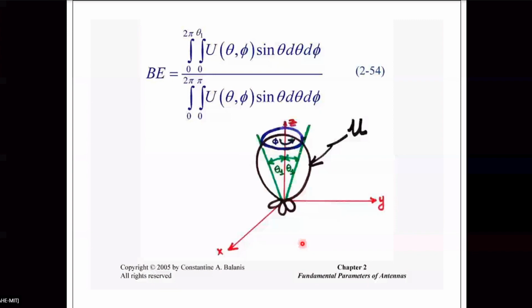Multiply by 100. Yes. So the first null point is here. So instead of theta 1, you have to use the angle of first null. Then you will get the fraction of the total power in the main lobe.